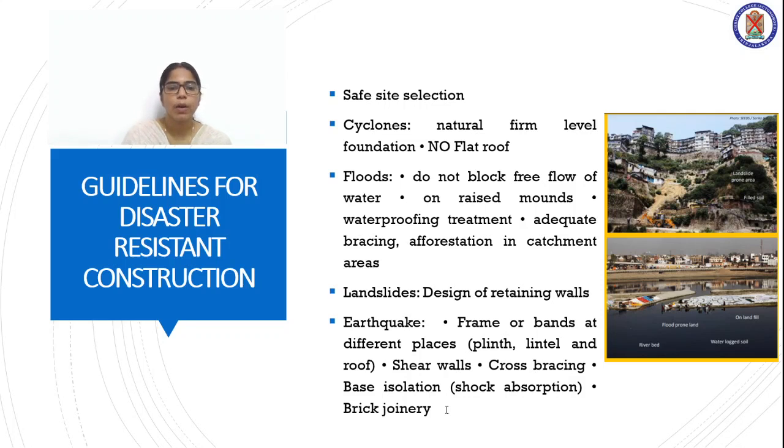The behavior of a building during any disaster depends critically on its location, overall shape, size and geometry. Hence, at the planning stage, architects and structural engineers must work together to ensure that unfavorable features are avoided and a good building configuration is chosen.